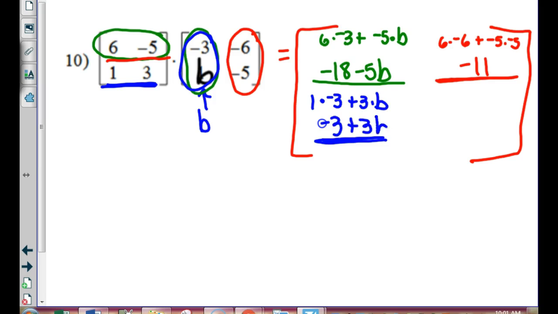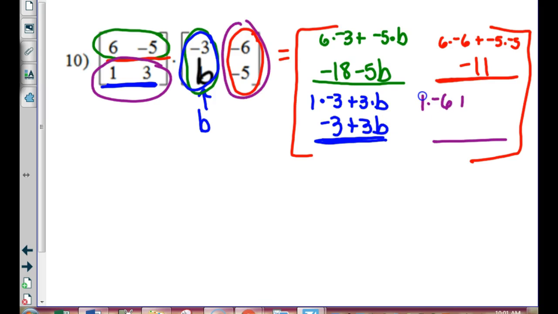Plus 3B. Okay. And last but not least, to get row 2, column 2, we have to do row 2 times column 2. So it's 1 times negative 6 plus 3 times negative 5, which is negative 6 plus negative 15. I think you get negative 21.